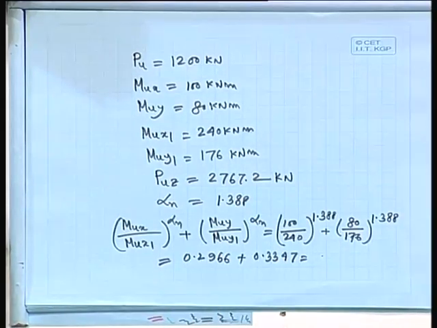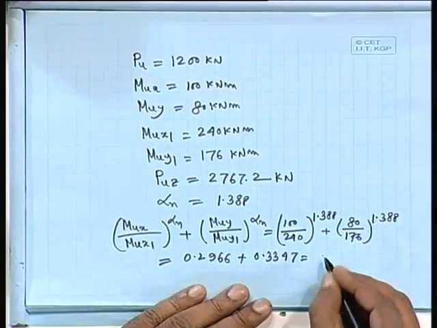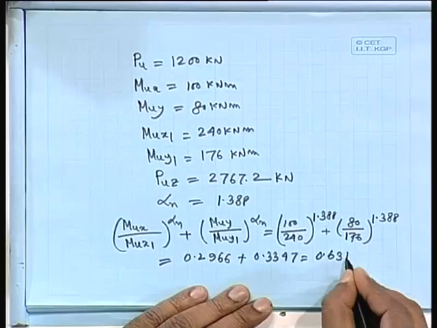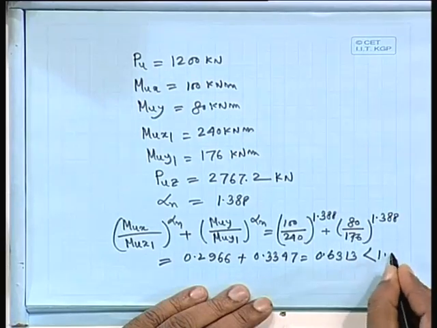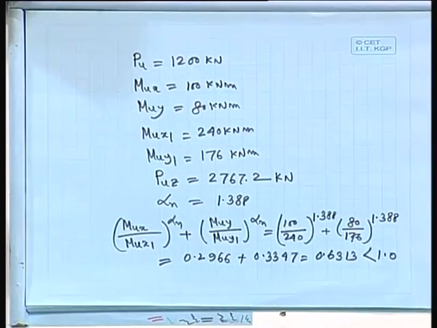So we are lucky. 0.2966 plus 0.3347, which is coming as 0.6313, less than 1.0. So that means the section we have chosen, at least it is safe. We cannot say it is economic, but at least we can say it is safe.